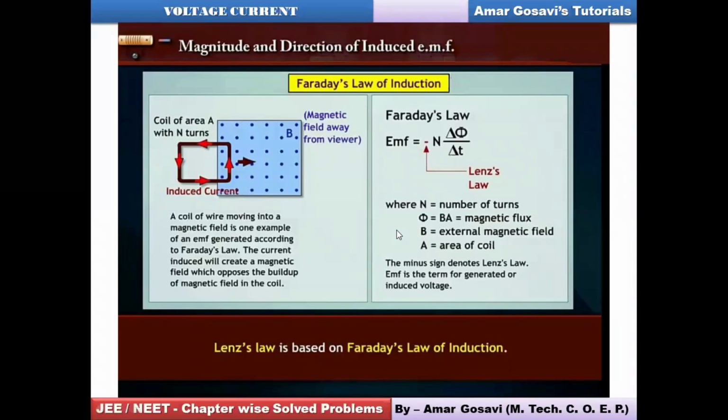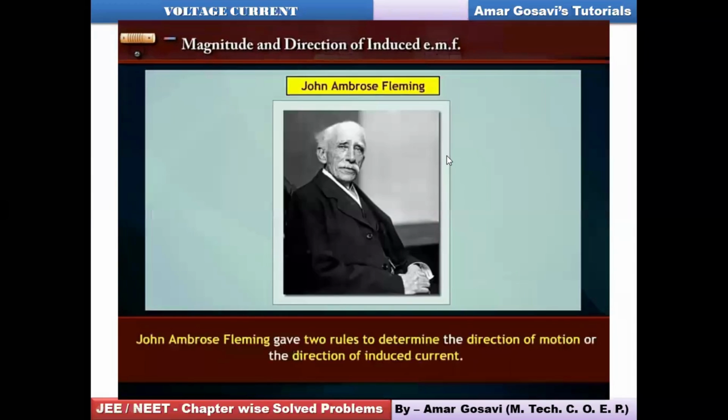The direction of this EMF will be given by, as we have just said, Fleming's rule, which helps us depict the direction. So both these rules can be applied here, left hand as well as right hand, specifically the right hand so far as electromagnetic induction is concerned.